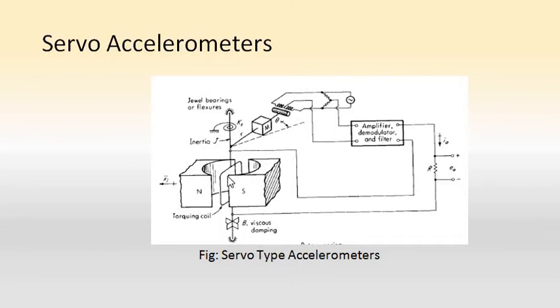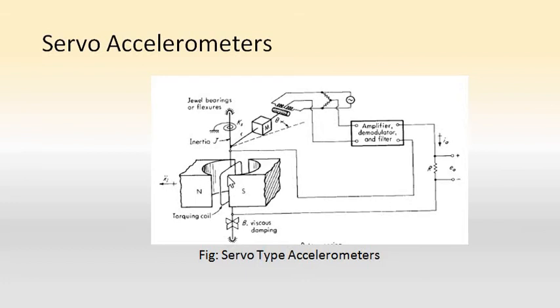Initially it will be in the null position, and the movement we need to measure is proportional to the current output, and this current output is passed through a precision stable resistor R to produce the output voltage signal E0.